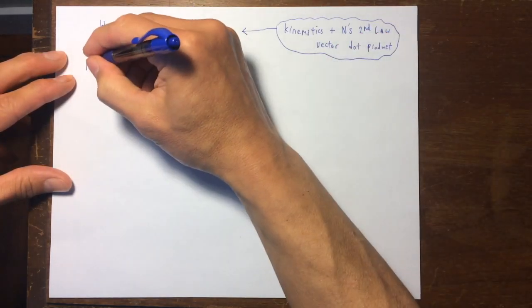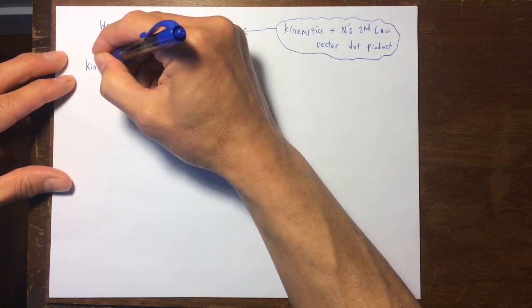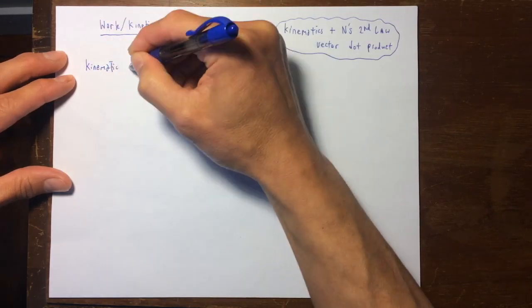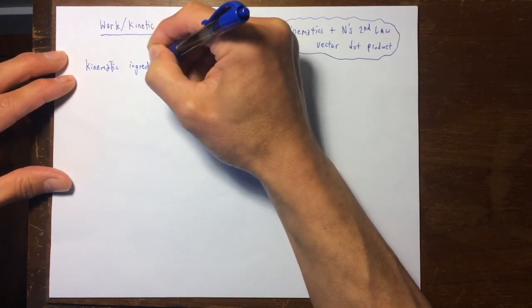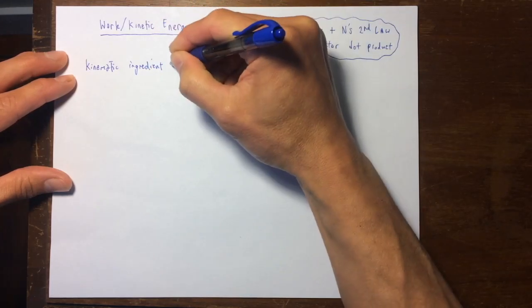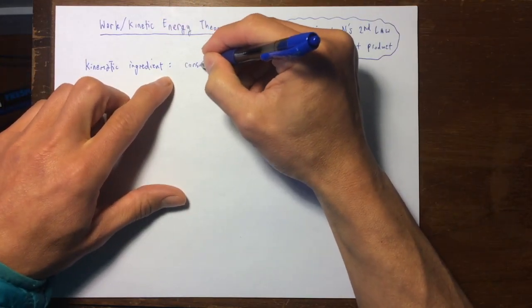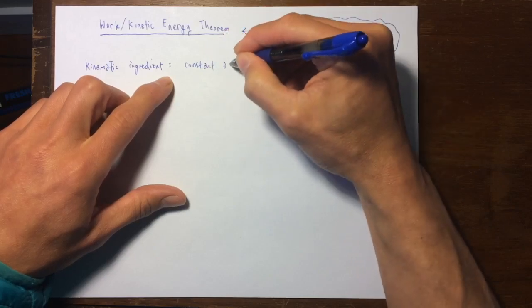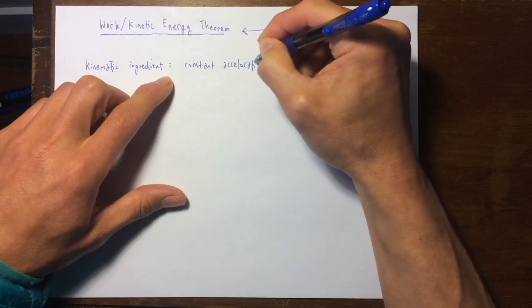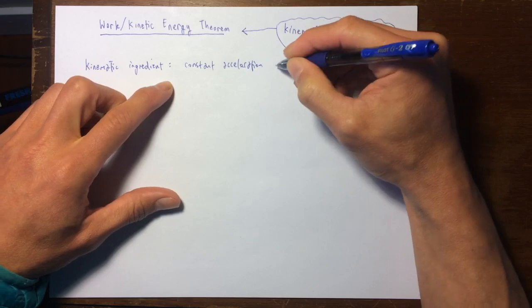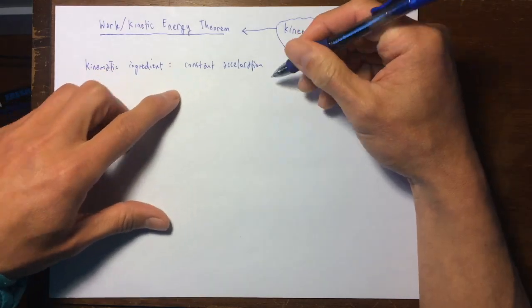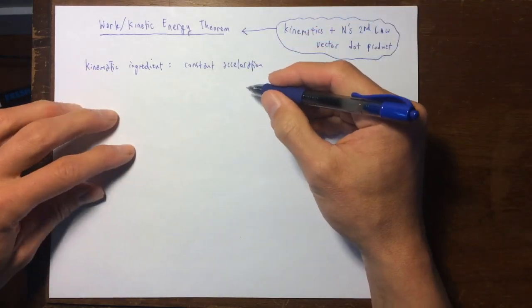So the kinematic ingredient is this one. It's one of your constant acceleration equations. So for the case of constant acceleration, there's an equation that you can get.